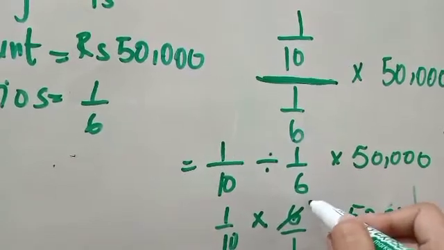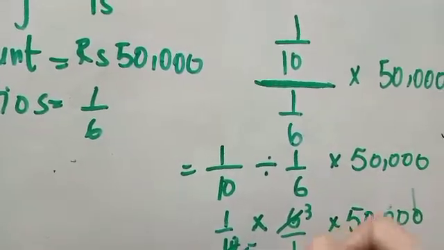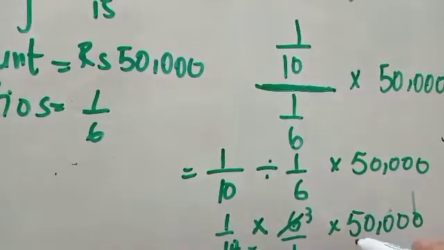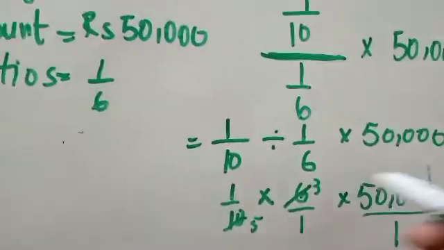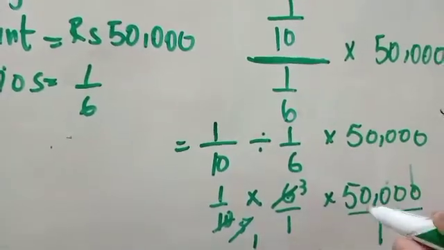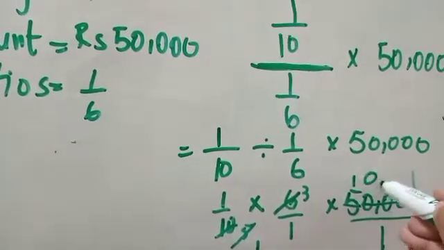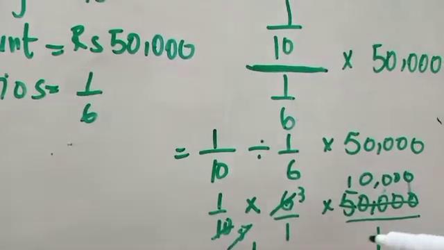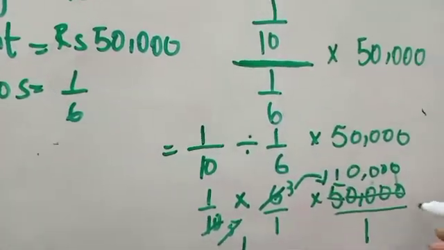6 reduces with the 2 times table, 2 3s are 6, 2 5s are 10. 5 is reducing with this also. In the denominator it has 1. This is the numerator value. So 5 1s are 5, the denominator can be cancelled from the numerator. 5 1s are 5, then zeros. Now you will multiply 3 with 10,000. So you get the answer.